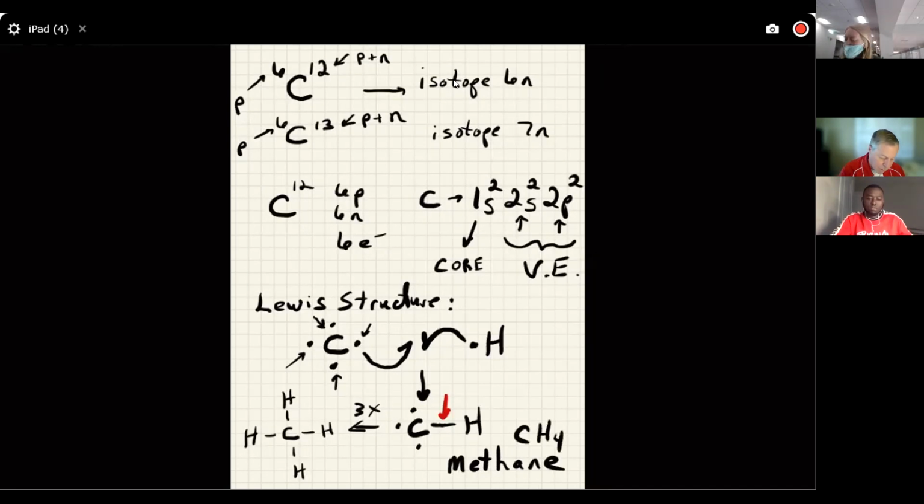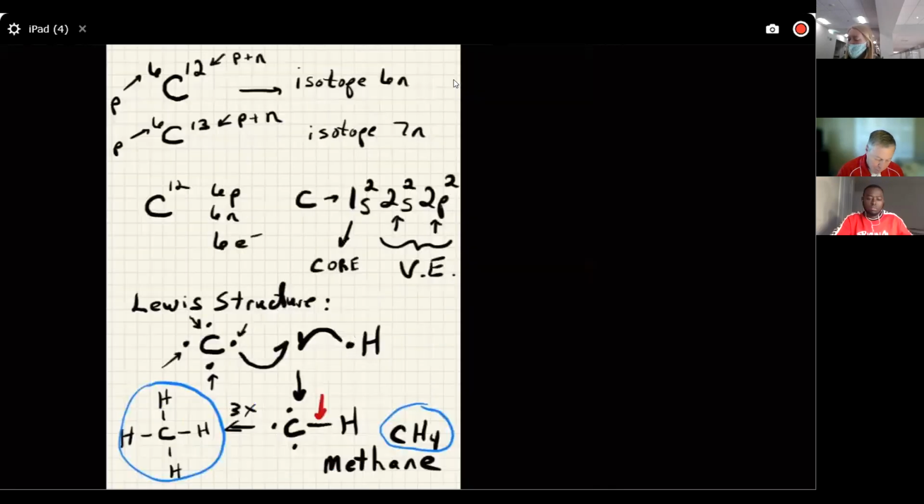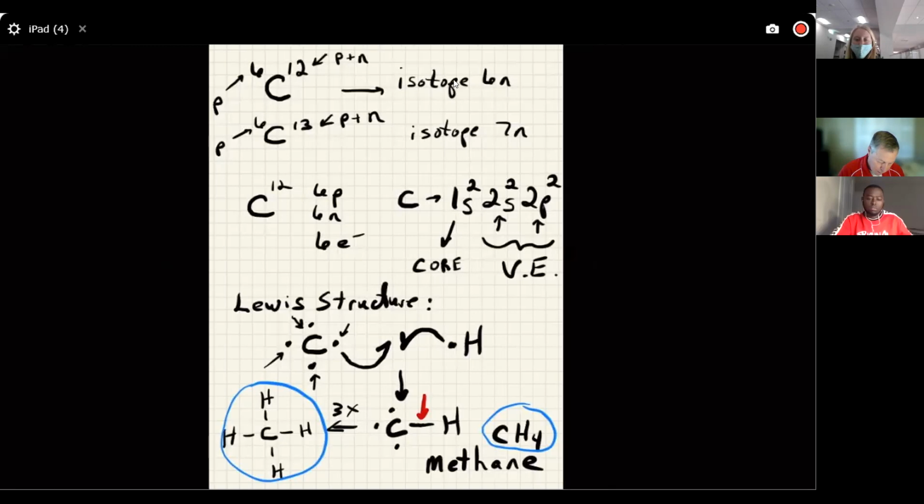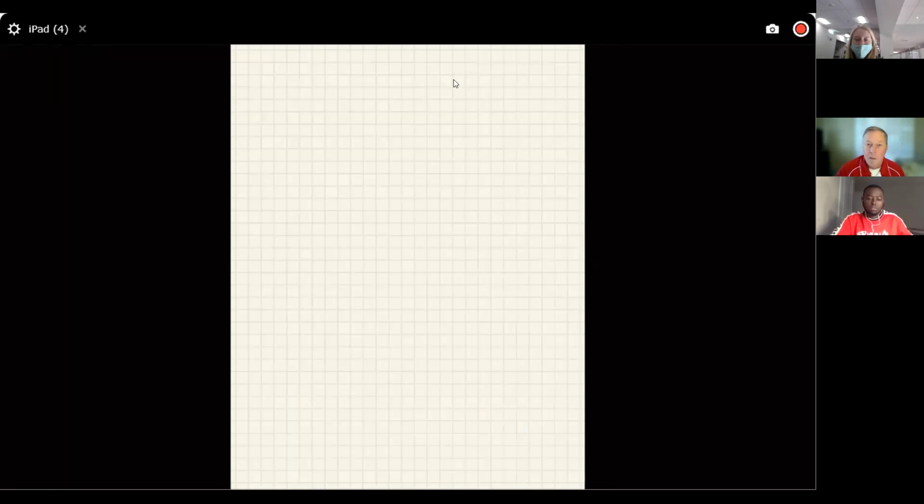Notice I just drew this a couple of different ways. I drew it like this, and I drew it like this. Those are 2 different representations for methane. Let's look at how we can represent organic molecules real quick.